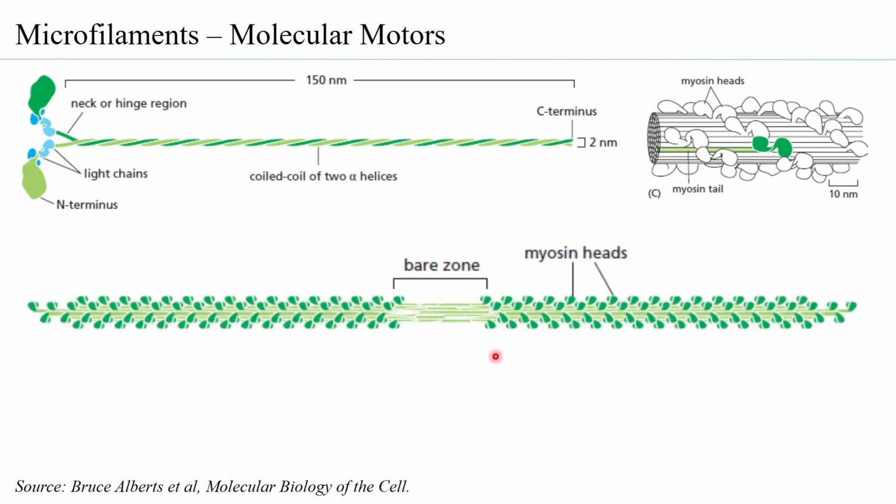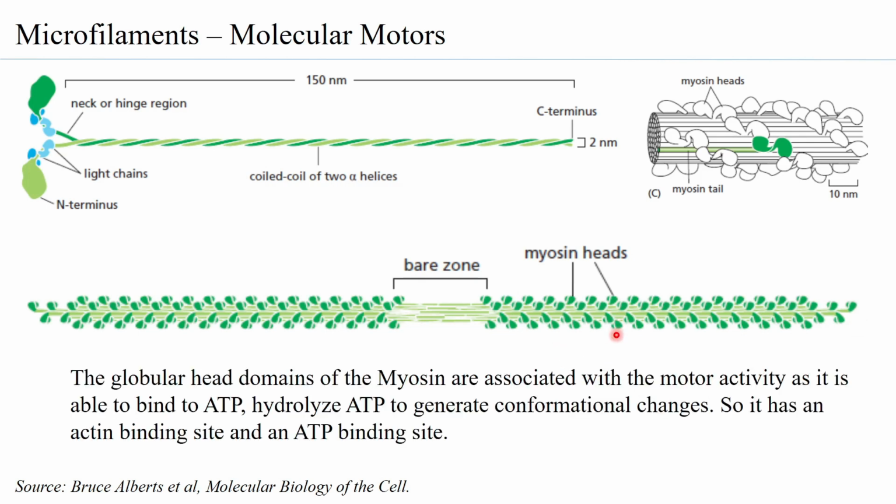This is in entirety the thick filament, with one region where you have only the tail portion present, and hence it is not that thick, but the remaining part has the myosin heads as well. This stretch of myosin has assembled with the tails in this direction, while in this one the tail is here and the myosin heads are here. Together, this set of myosin and that set of myosin form the thick filament.